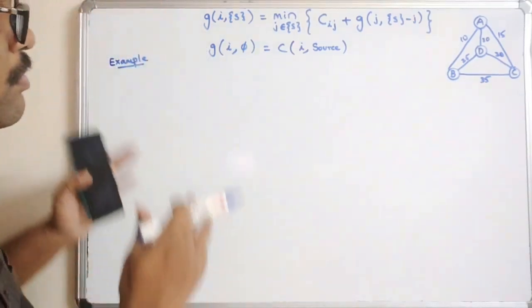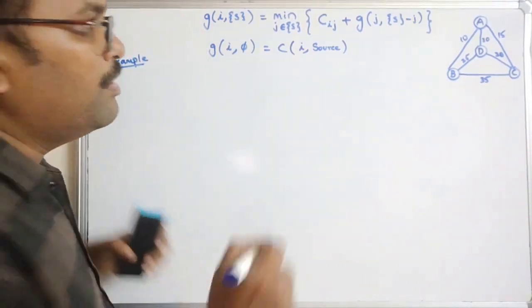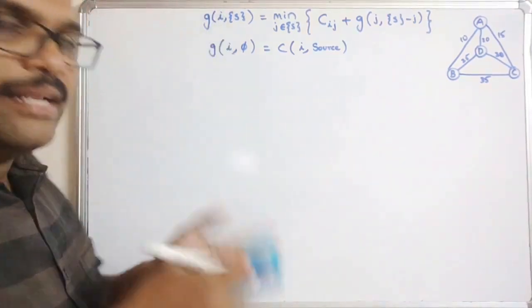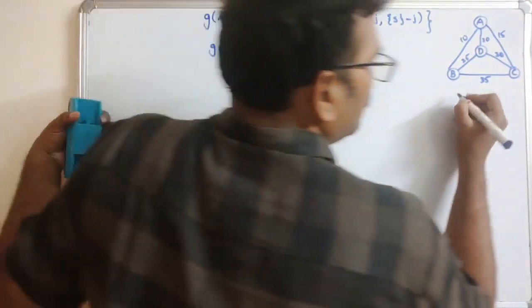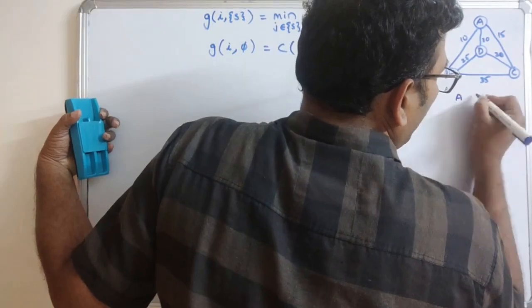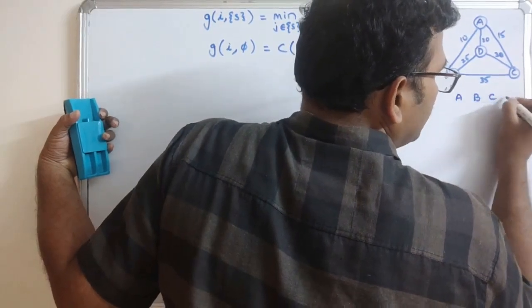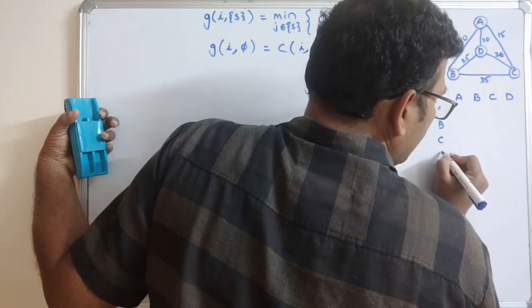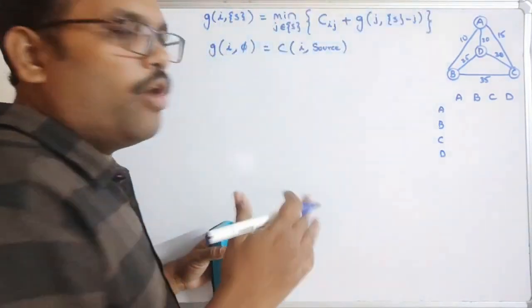Now we have to solve the problem. First let us write down the table. Okay, let us write the adjacency matrix. So I am writing here A, B, C and D, and here also A, B, C and D. So we'll write the cost.